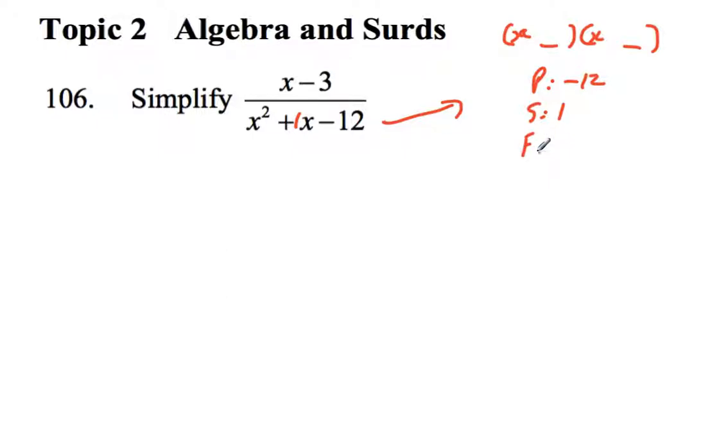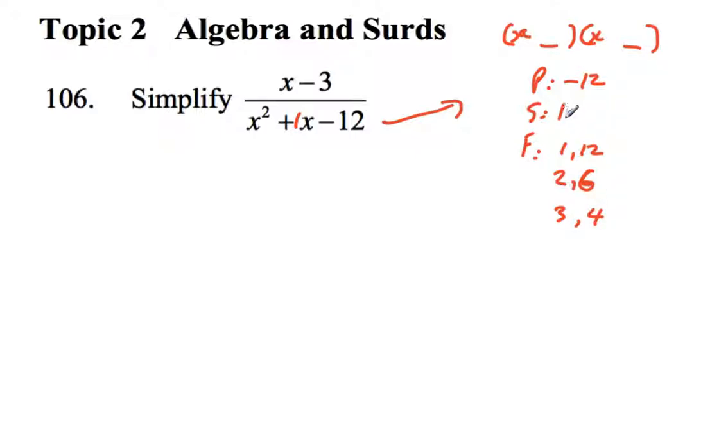Now the factors of minus 12 that have got something to do with 1, we can have 1 and 12, 2 and 6. I'm here to tell you that 3 and 4 looks like they probably work quite nicely. We need to create a minus 12, so one of these needs to have a minus next to it. When we add these two together, it needs to be a plus 1.